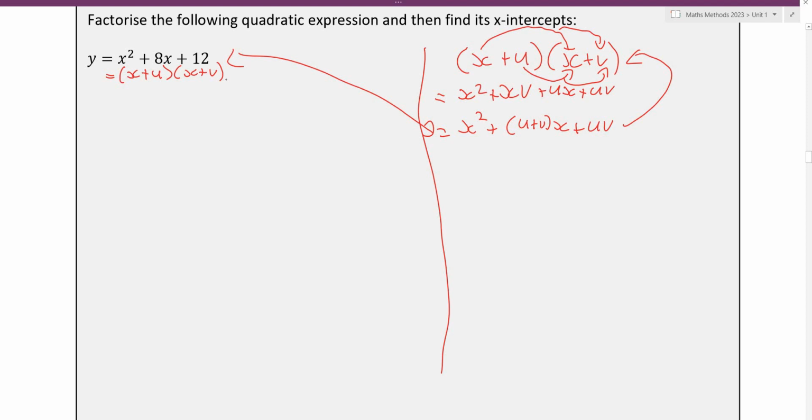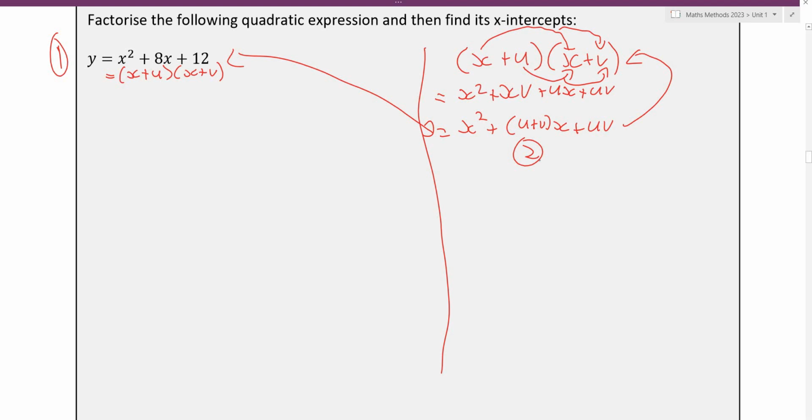Now, this line here, I'm going to call number 1. Because number 1 is equal to number 2, what can I say about u plus v? What does u plus v have to equal in this case? Not 12, you're on the right track.